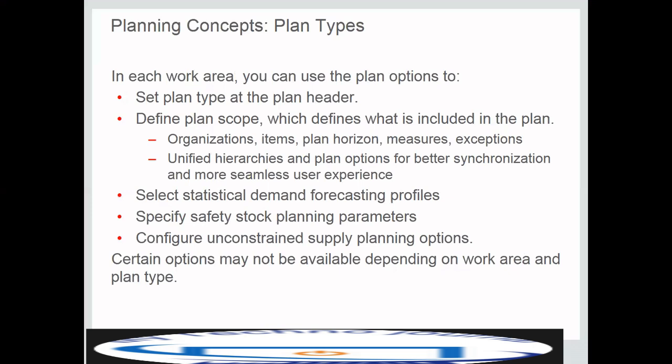It also determines whether to plan both demand and supply separately or sequentially in an integrated plan. And the available options which you will see are dependent on the work area that you are in and the plan type you have selected.